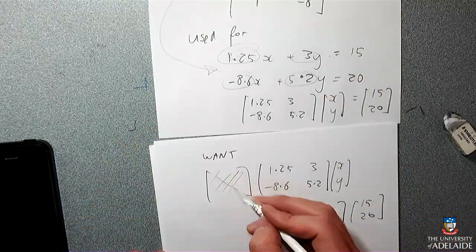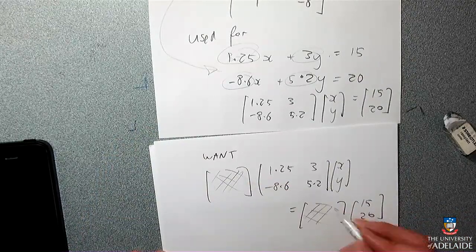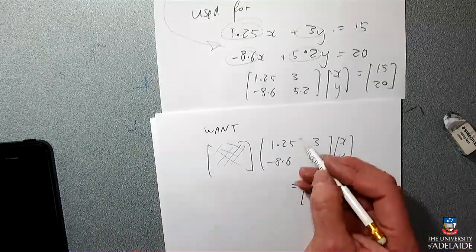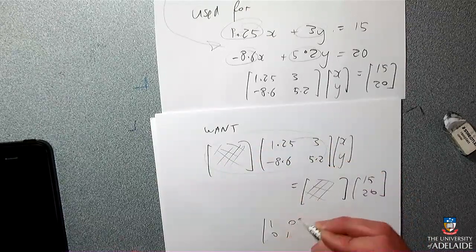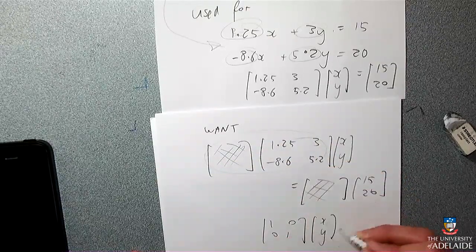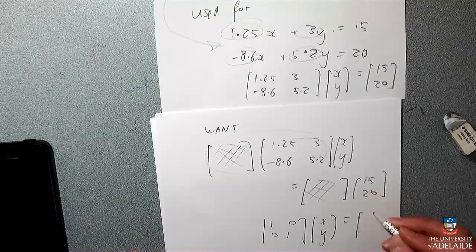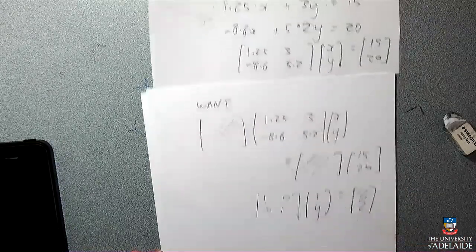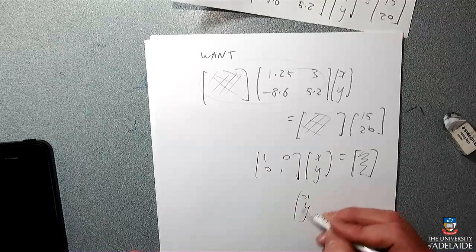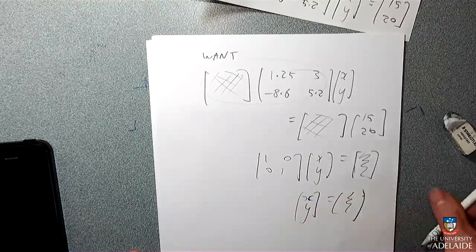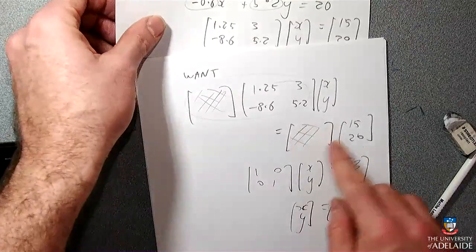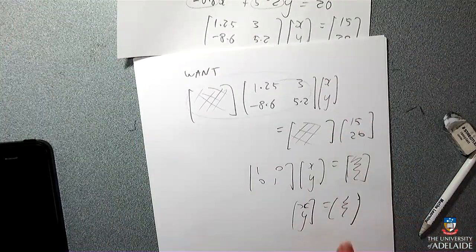We want to put something in this position so that this bit becomes the identity, which would mean that xy is whatever this answer is. So whatever this times that is, it comes out to this, and then xy comes out to that. That's what we want.